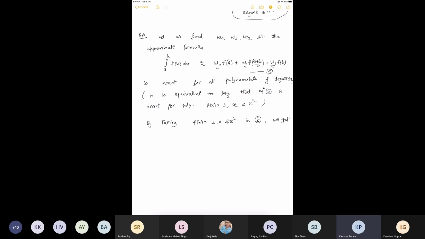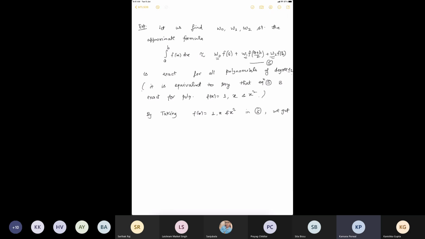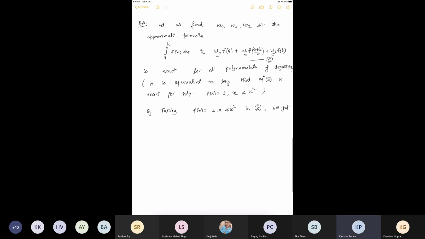What do we get? Let's take f(x) equal to 1 first. The left hand side is going to be this, and the right hand side is going to be W0, since f is constant, W0 plus W1 plus W2, right? And we know that the rule is going to be exact for this. That's how I'm going to determine my Wi's. So this is going to be an equality.